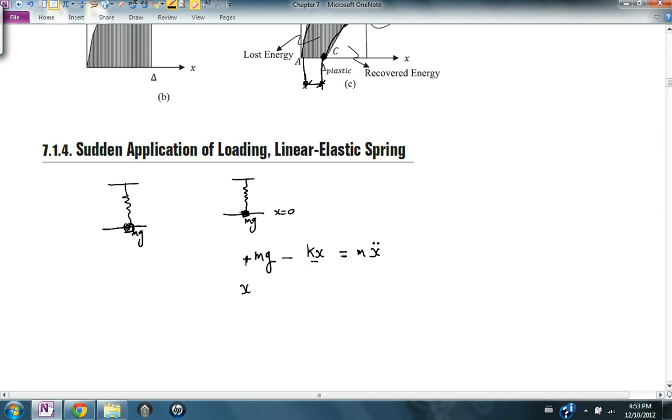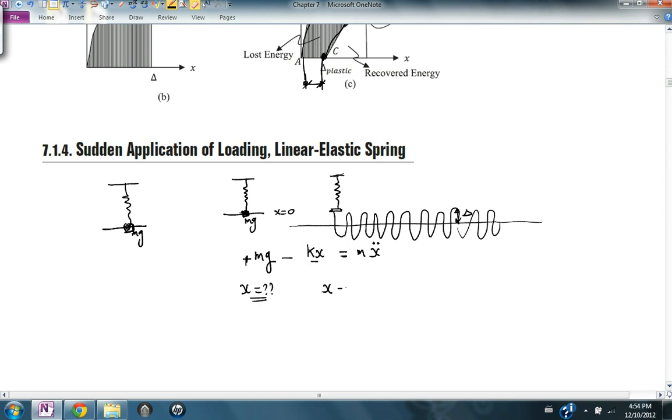And so what is x as a function of time? If I apply the force in a sudden dynamic way, you're going to find that if the static equilibrium is delta, then the spring, or the load, will vibrate around the equilibrium position. x will be a function equal to mg over k.